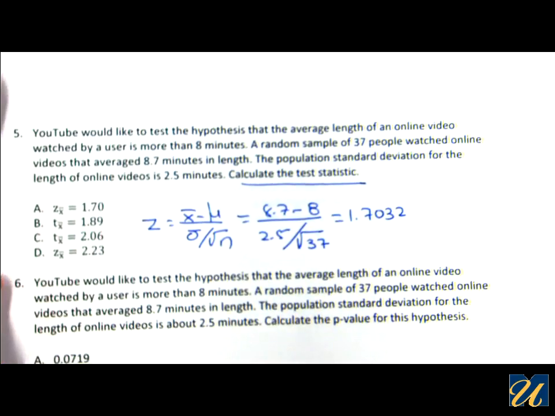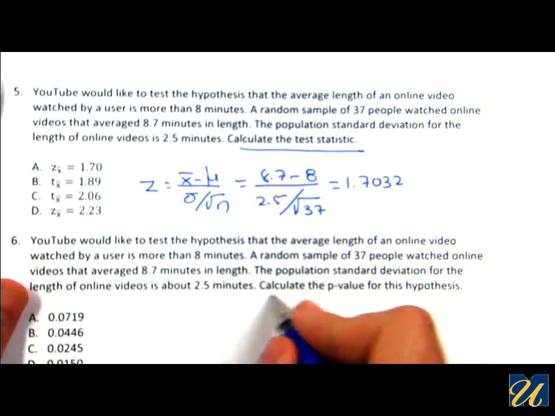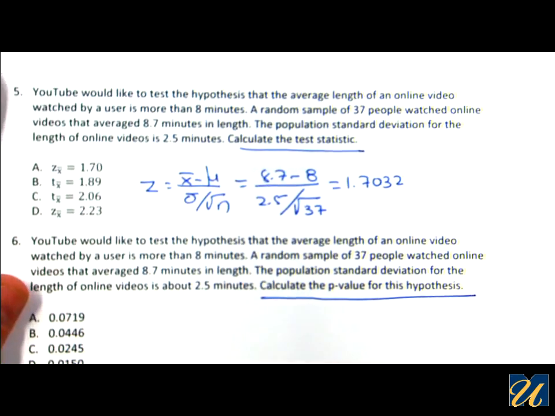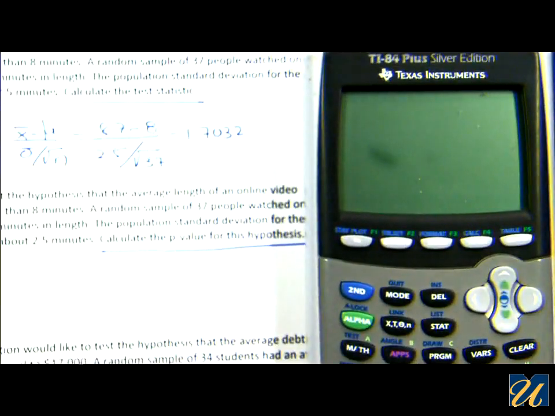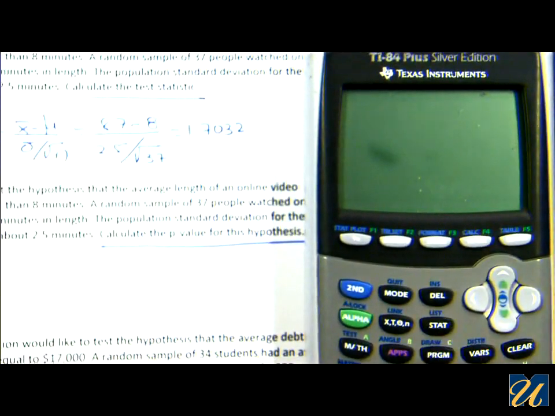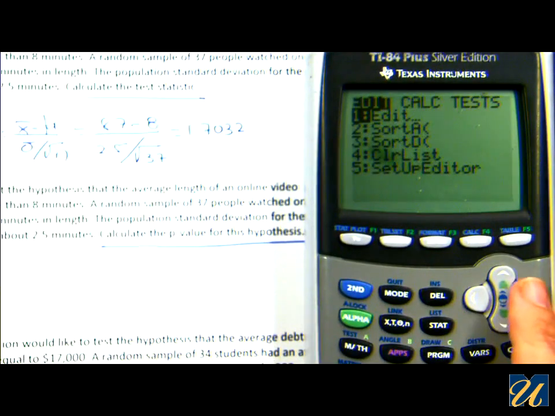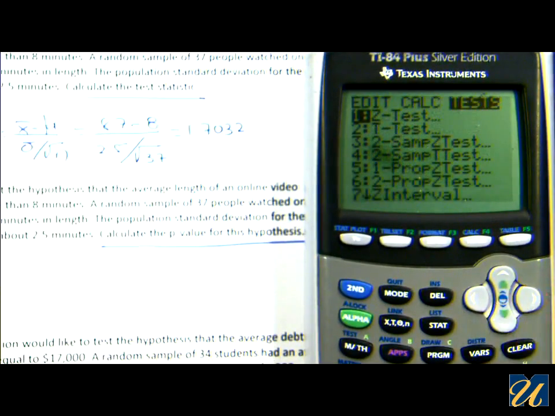Now, for the same example, we want to calculate the p-value for this hypothesis. To calculate the p-value for this hypothesis, we use our graphing calculator. So stat test, it's a Z test, enter.